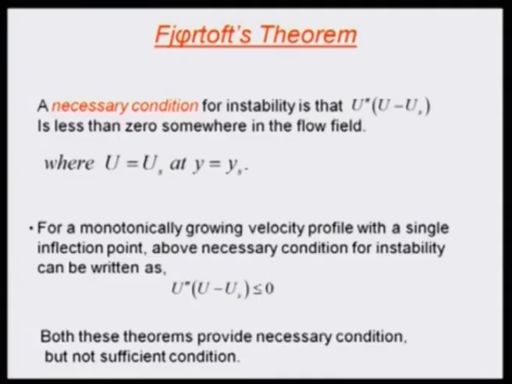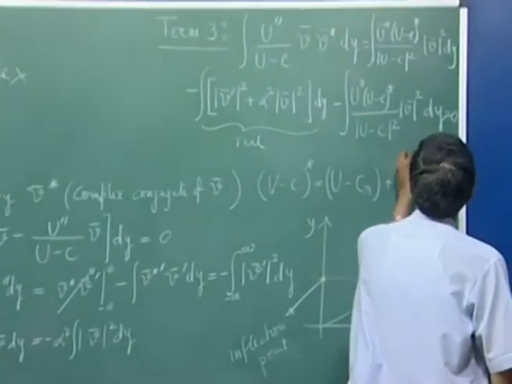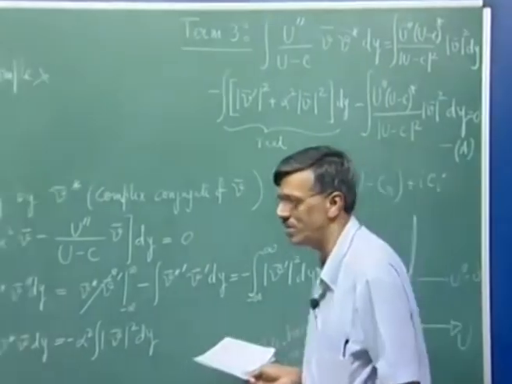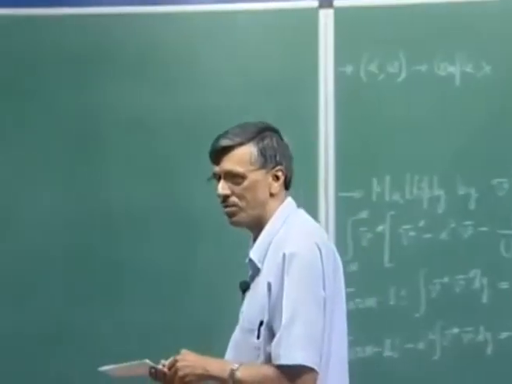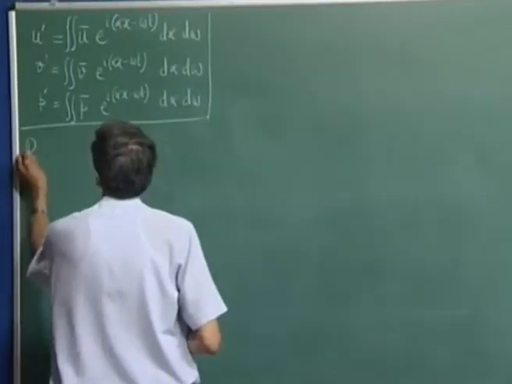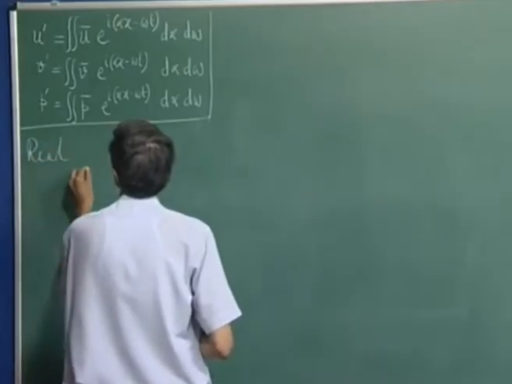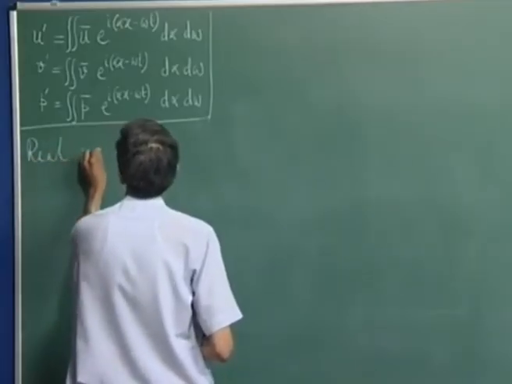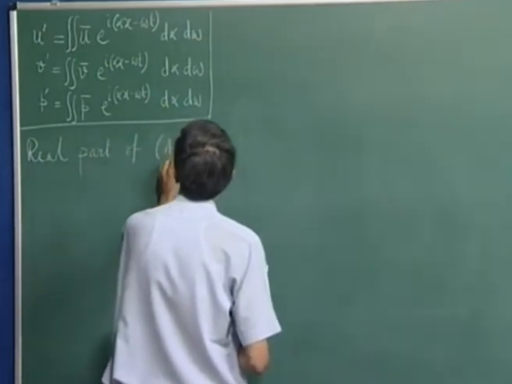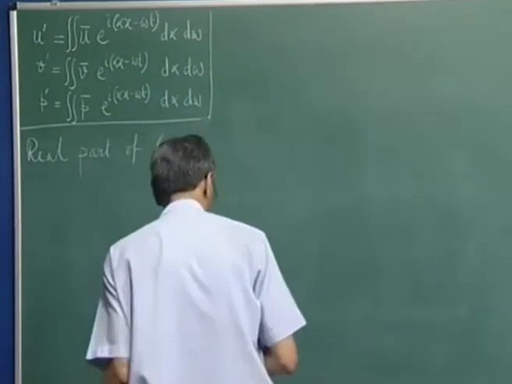Now, if I call this equation A, let us say, Rayleigh's theorem investigated the imaginary part of A. Let us look at the real part of A. What do we get?